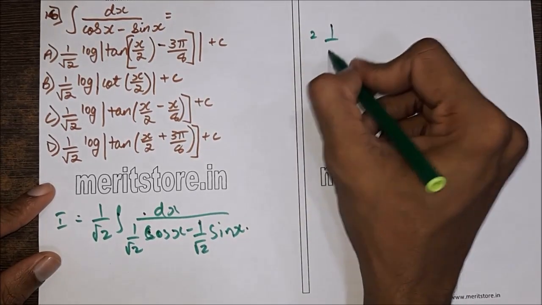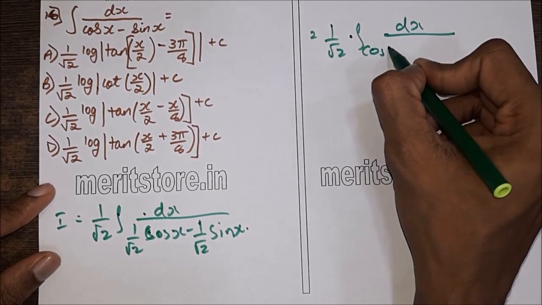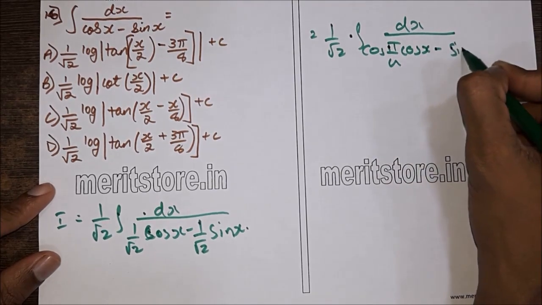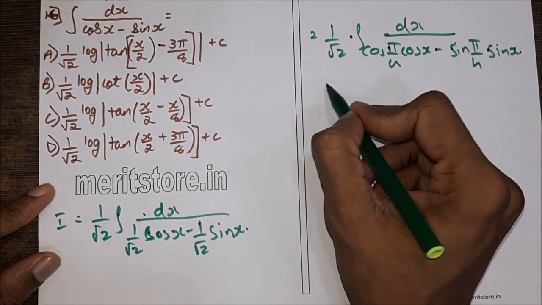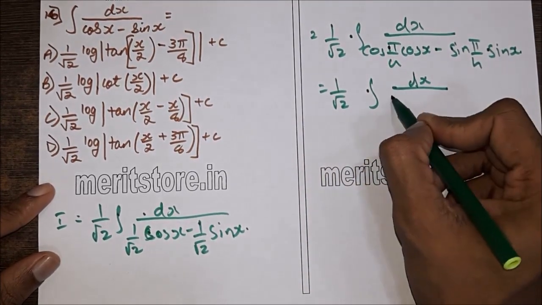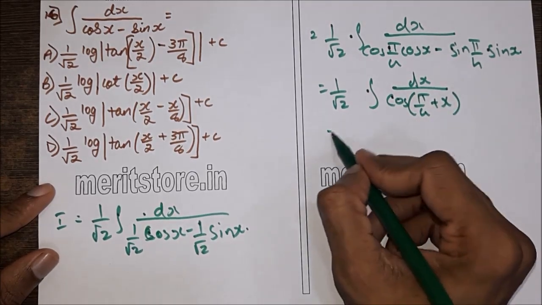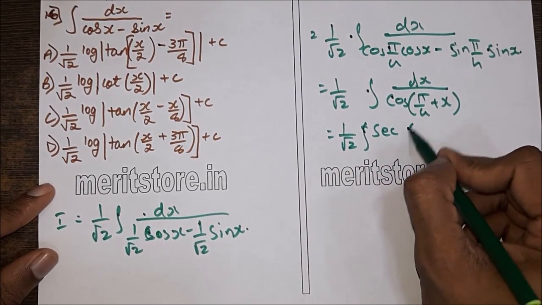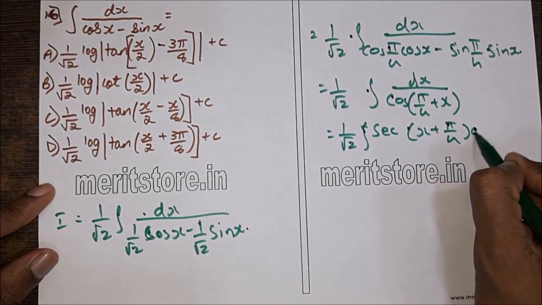We can write this as 1 by root 2 integral dx upon cos pi by 4 cos x minus sin pi by 4 sin x. For the 1 by root 2, we can write this as integral dx upon cos of pi by 4 plus x. Further, we can write this as 1 by root 2 integral sec of x plus pi by 4 dx.